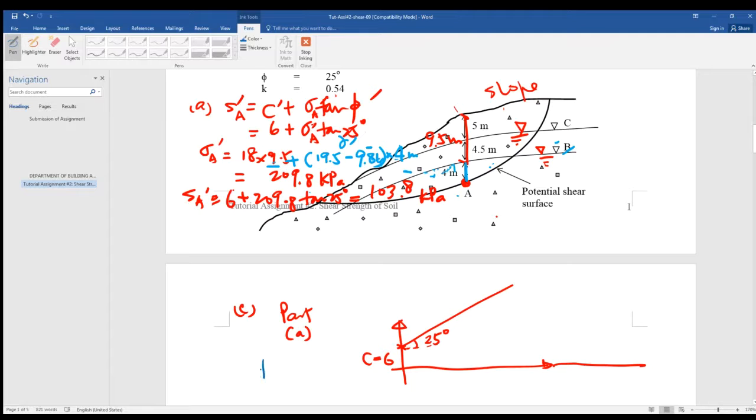Now consider the element. The vertical stress is 209.8; in part A we worked out the vertical stress. And what about the horizontal stress? Because K is given there, 0.54.